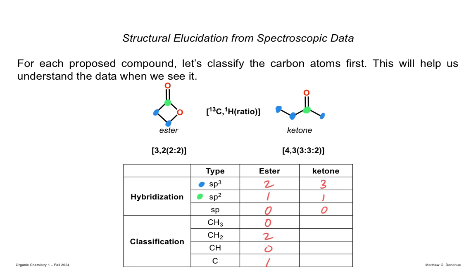Same analysis for the ketone. There's now 2 CH3 groups. So at carbons 1 and 4, the terminal carbons of the chain, 1 CH2, no CH, and then the carbonyl carbon, no attached hydrogens.